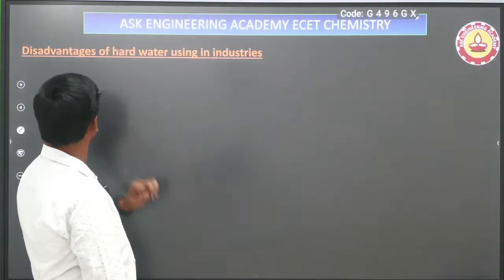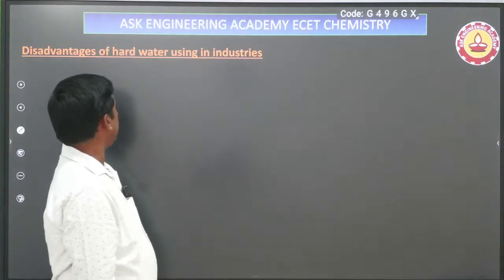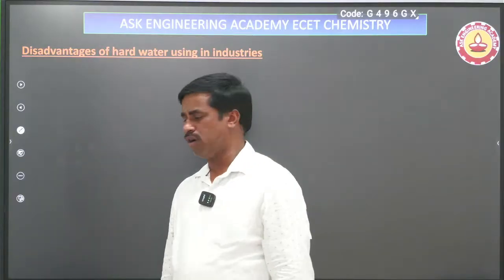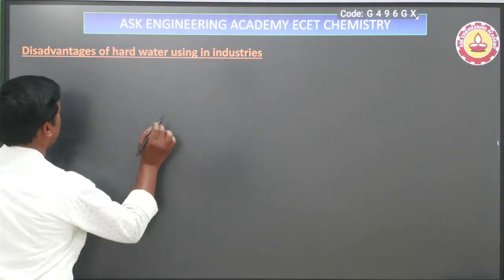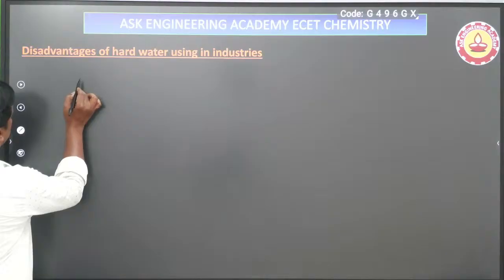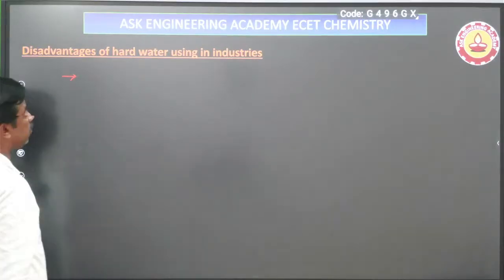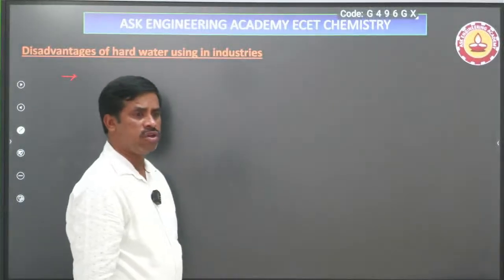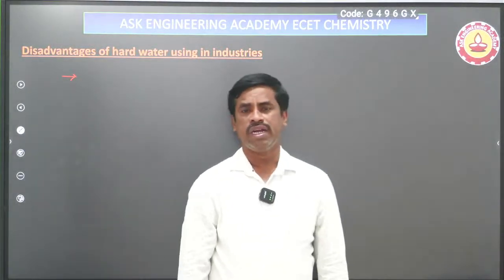Okay. Next I am going to discuss the disadvantages of hard water used in industries. Here, what are the disadvantages in industries? For example, whenever hard water is used in the sugar industry.